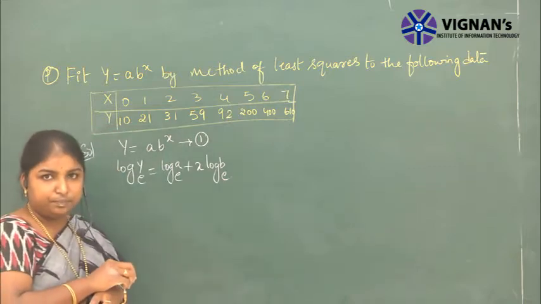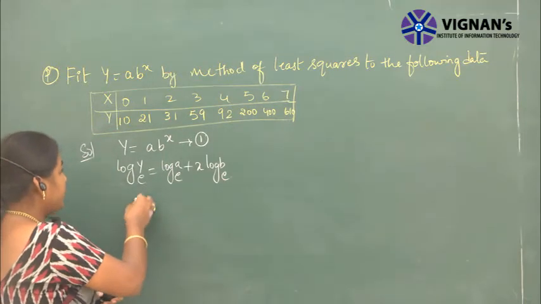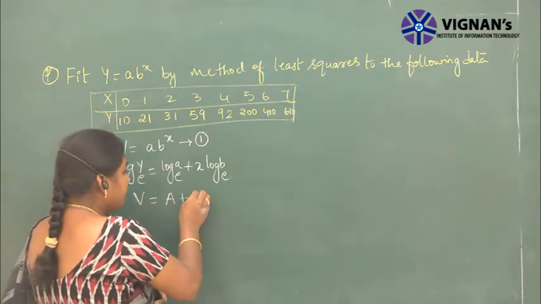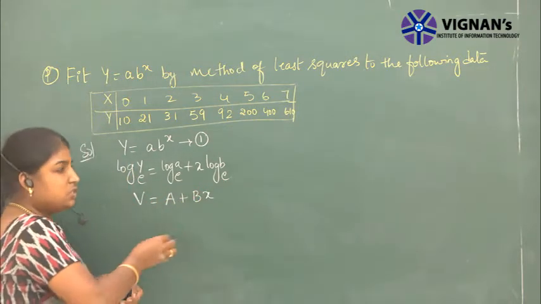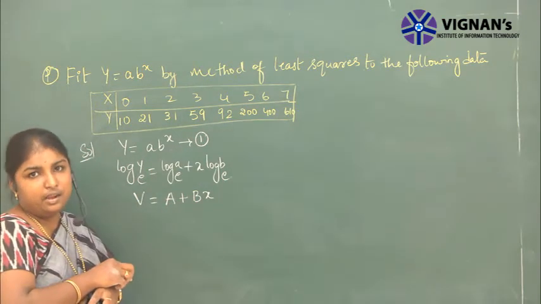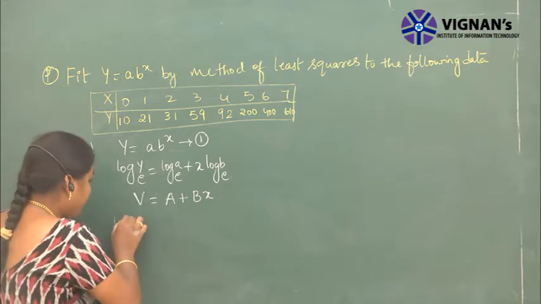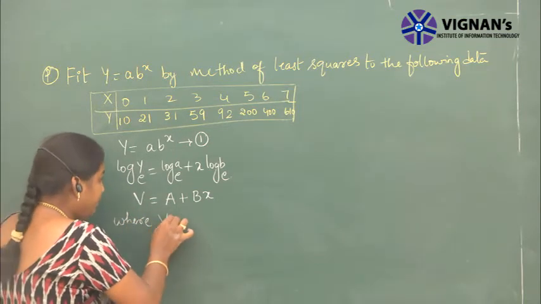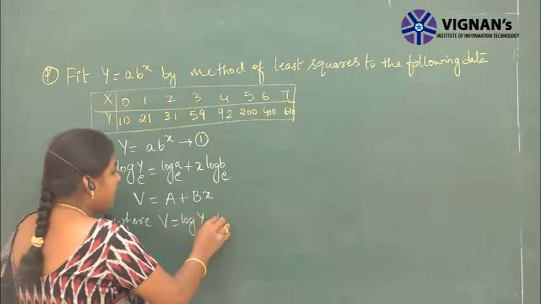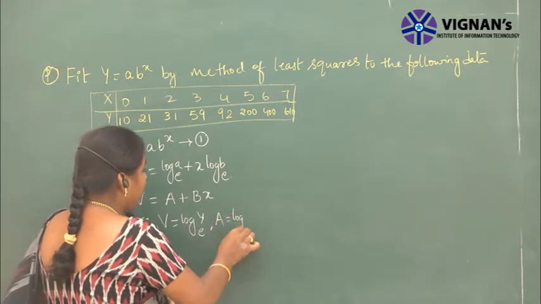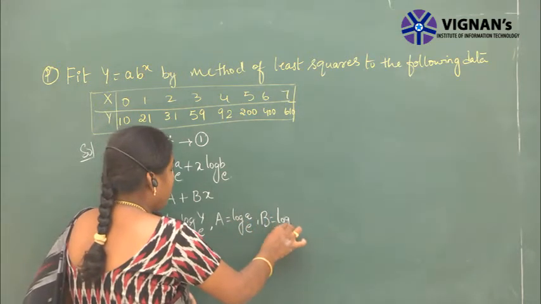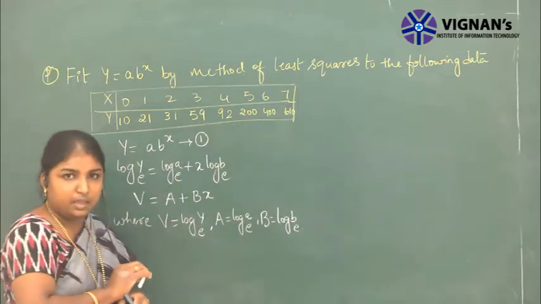This can also be written as capital V is equal to A plus capital B into small x. So now we are changing equation 1 into a straight line equation, where capital V is equal to log y base e, capital A is equal to log a base e and capital B is equal to log b base e, right?